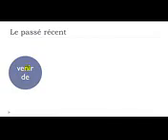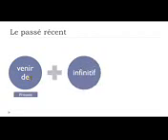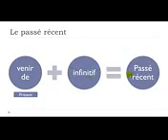Okay, so venir is to come, venir de, so this should be at the present tense, and then you will put your verb at the infinitive form, okay, and you will get what we call le passé récent.